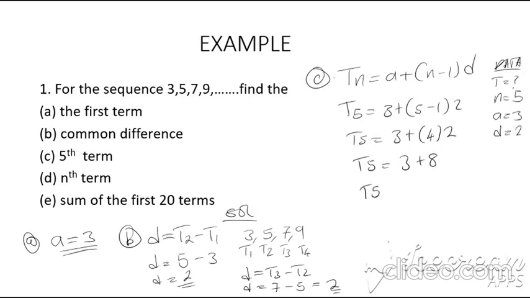Then t5 is equal to 3 plus 8, that's 11. So the final answer is equal to 11. So that's our fifth term. Then you're done just like that, which is very simple. Now let's do the nth term. Now let me solve for the nth term.